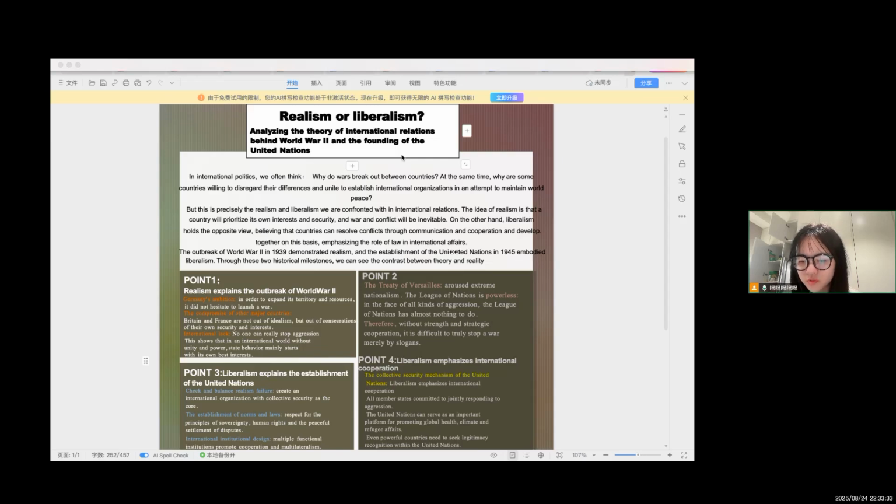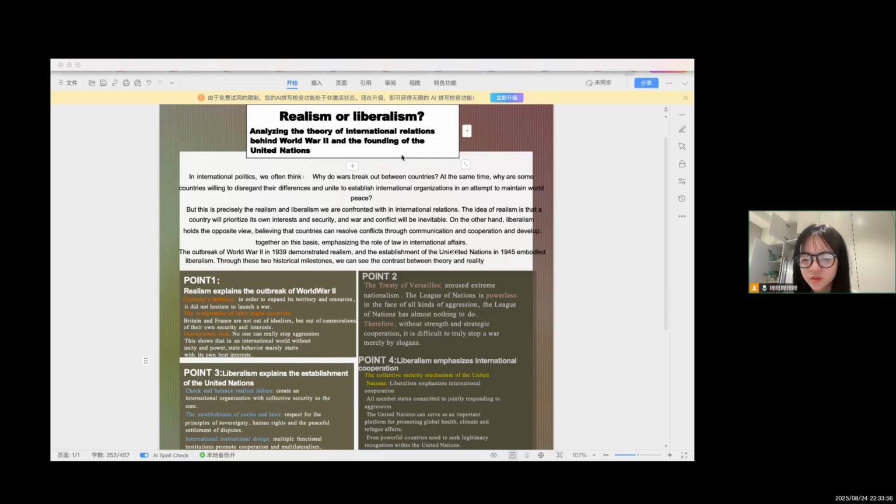Another point is the Treaty of Versailles and the League of Nations. The Treaty of Versailles provoked extreme nationalism in Germany, and the League of Nations was too weak.